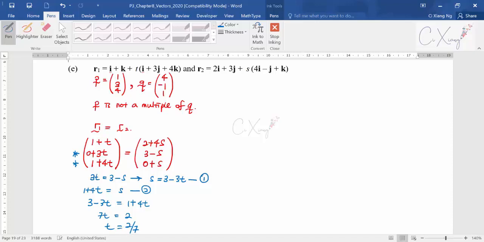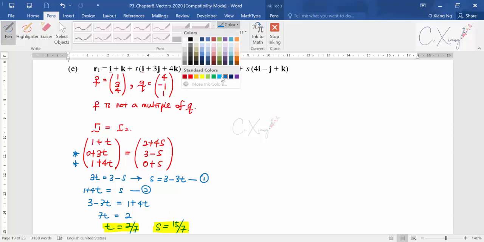If my T equals to 2 over 7, then I continue to calculate the S. S should be 15 over 7. This is the value for S and T that you get already. For me, I'm using the second and the third equation.